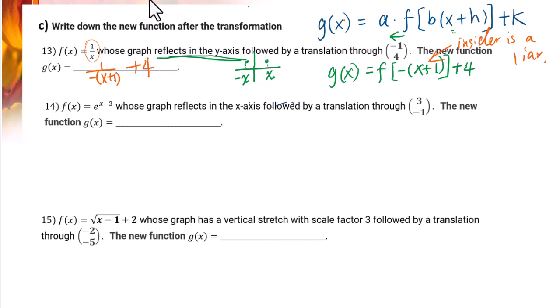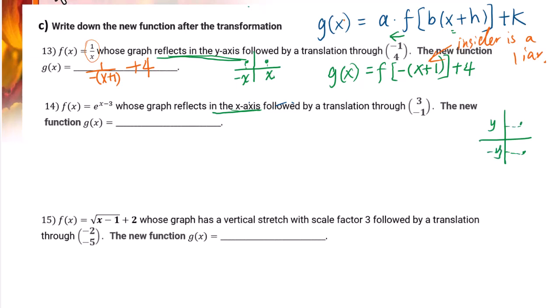14. F of x equals e to the x minus 3's power, whose graph reflects in the x-axis, followed by a translation through (3, negative 1). The new function will be in the x-axis, y, this is a negative y.